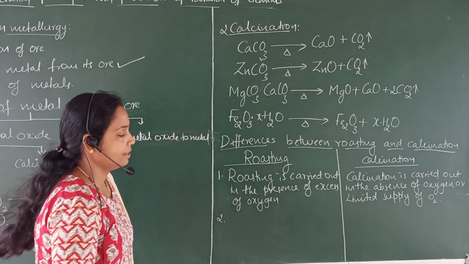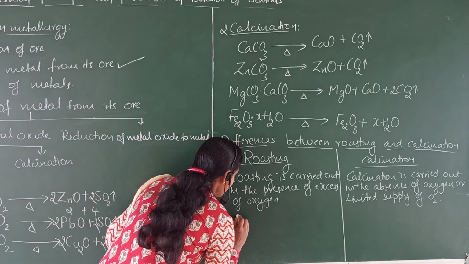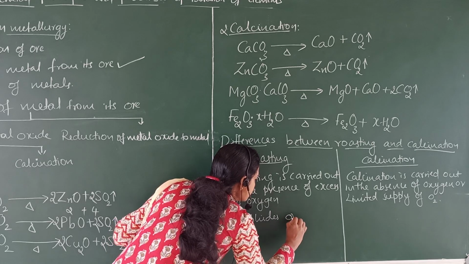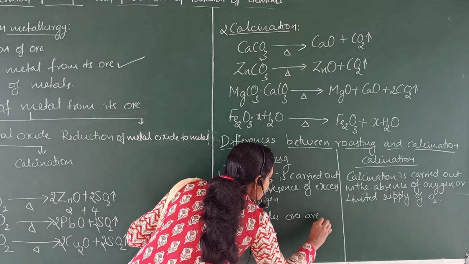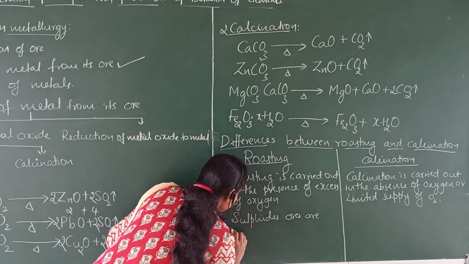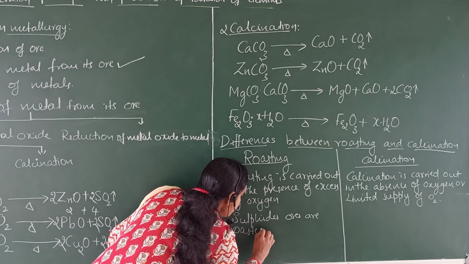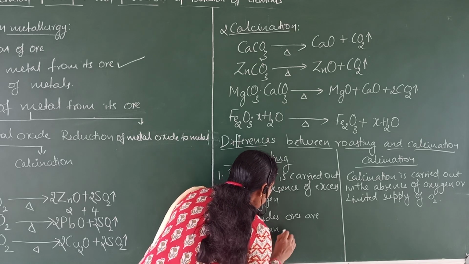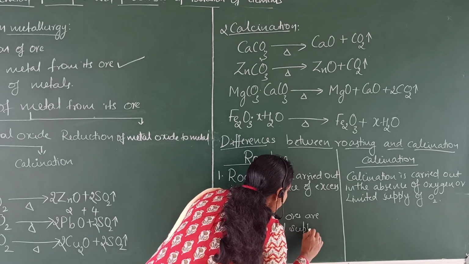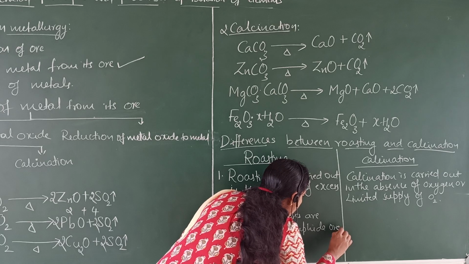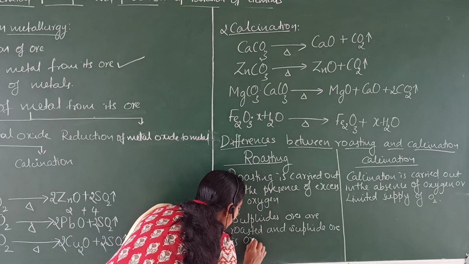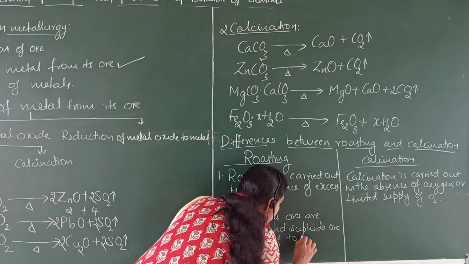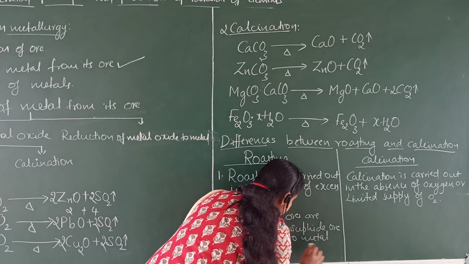The second difference: usually sulfide ores are roasted, and the sulfide ore is oxidized to metal oxide.